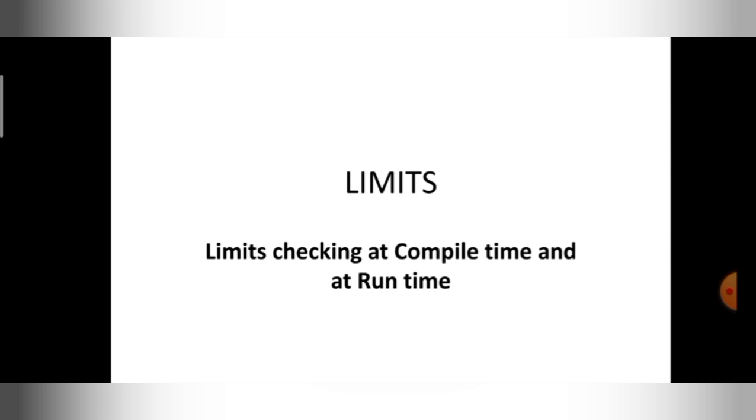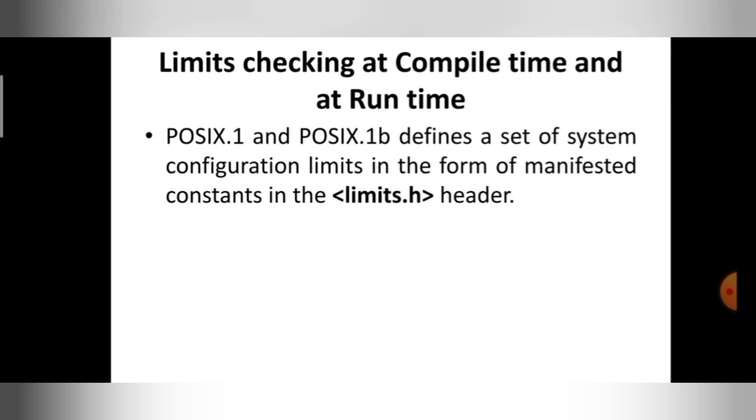So let me begin the explanation of limits in your Unix operating system. Limits are checked at compile time and at runtime. POSIX.1 and POSIX.1b define a set of system configuration limits. POSIX supports these limits, and they are present in the limits.h header, and these limits are nothing but constants.